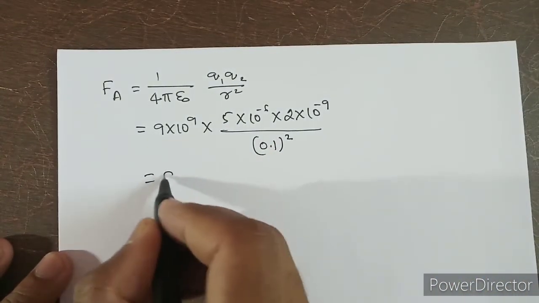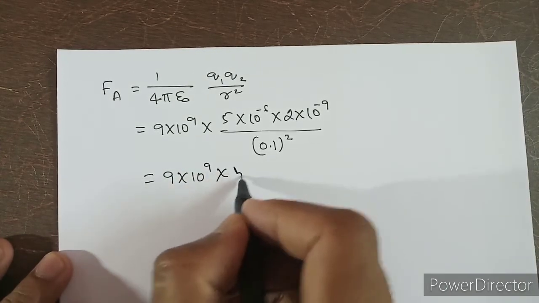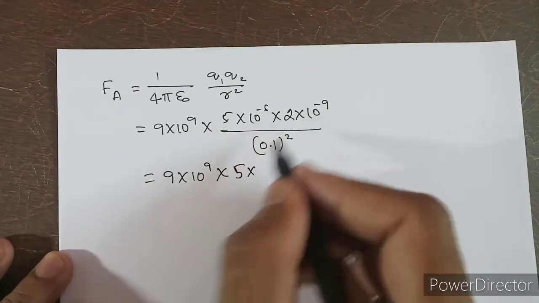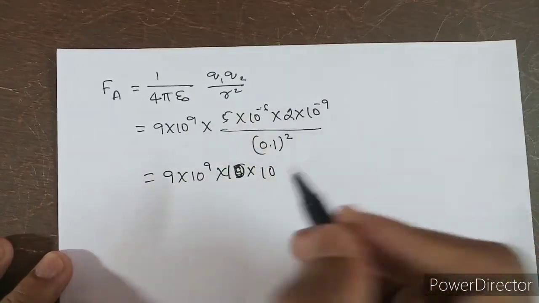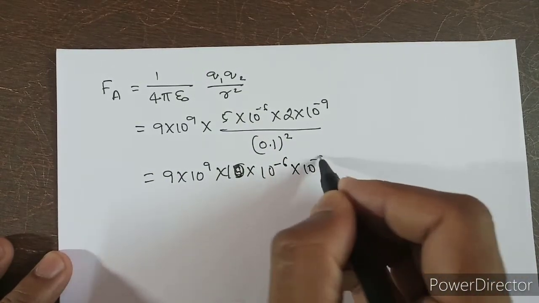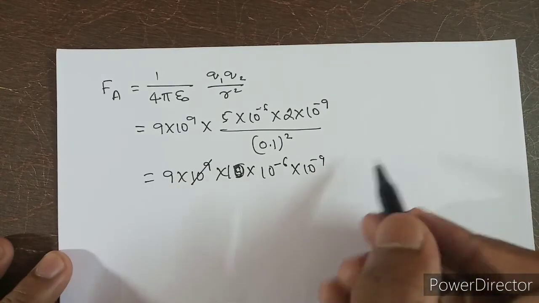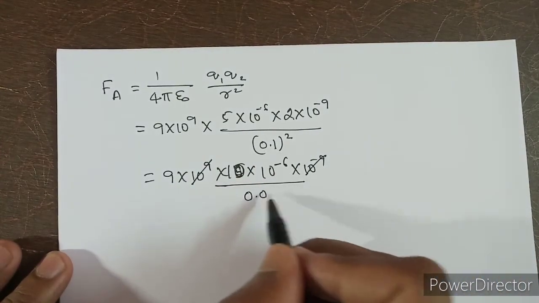So that gives 9 into 10 to the power 9 into 5 into 2, which is 10, and I can directly write 10 to the power minus 6 minus 9. I can write minus 6 into 10 to the power minus 9 only, because I can cancel 10 to the power plus 9 with the minus sign, divided by 0.1 whole square, which is 0.01.